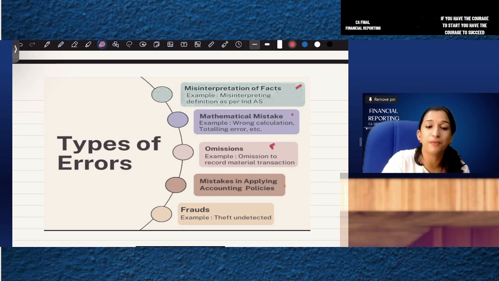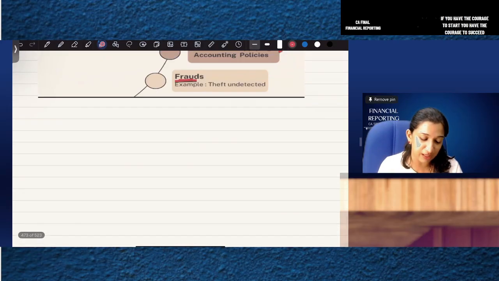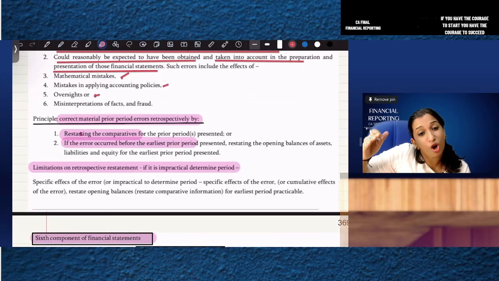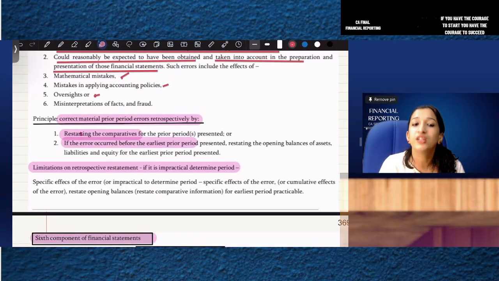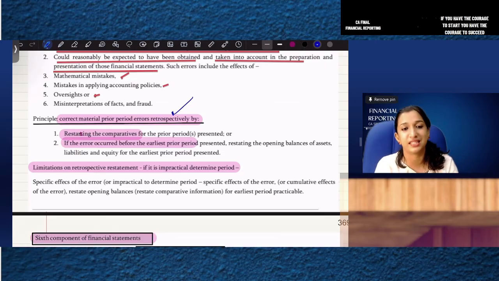Mistakes in applying accounting policies and frauds are also errors. So if there are errors in the prior period or periods, what is to be done? It is to be retrospectively restated.